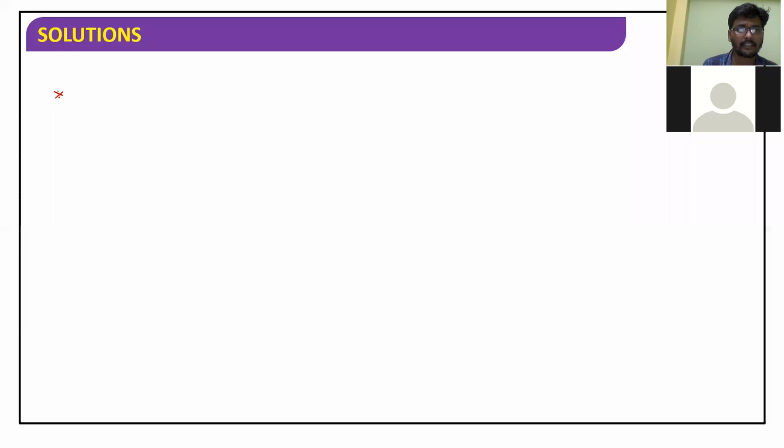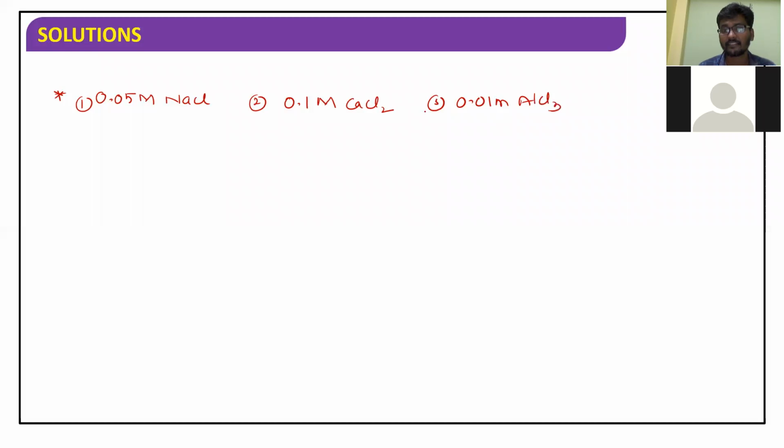Here another point is, suppose you are given 0.05 molar NaCl, 0.1 molar CaCl2, 0.01 molar AlCl3. Which one shows more colligative properties?